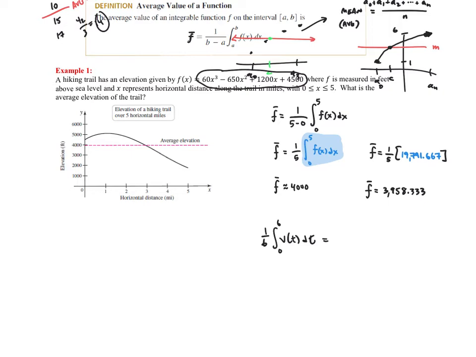So this is the same as 1/6 the change in position. So if I average my change in position on this given hill, there you go, you got your average elevation.